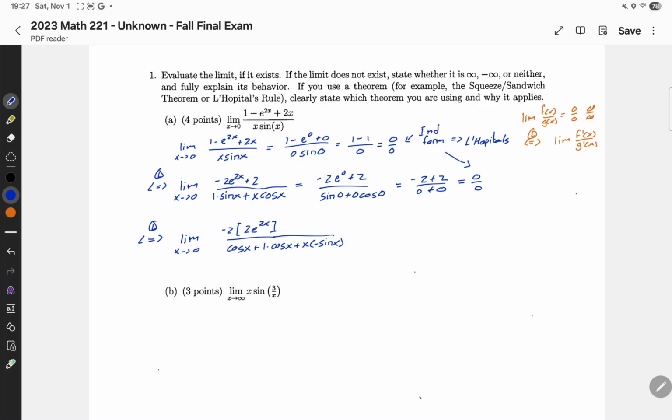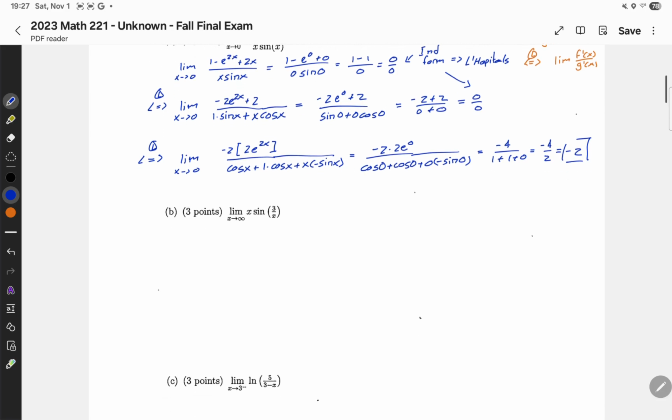Just like that. Now plugging in 0, we'll get minus 2 times 2e to the 0 over cosine of 0 plus cosine of 0 plus 0 times a minus sine of 0. This will just give us minus 4 all over 1 plus 0, which is minus 4 over 2, which is just minus 2. And that's our first answer.